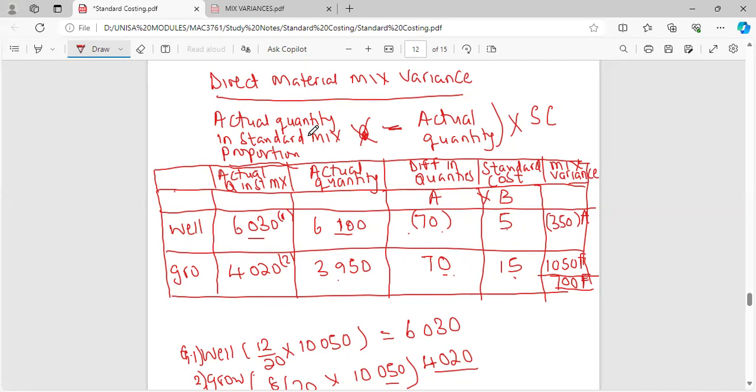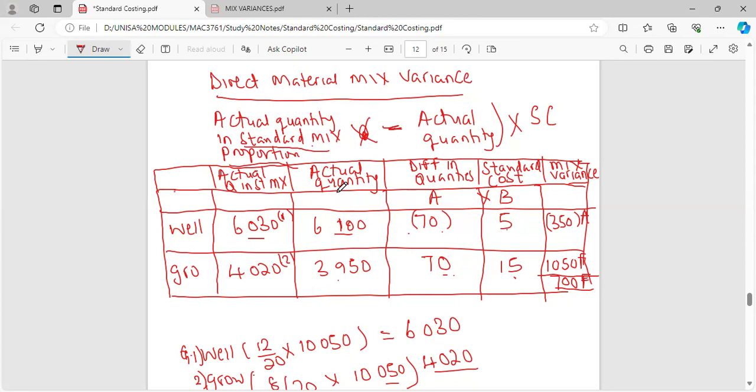So here now we're using the actual quantity in standard mix. So what is going to be standard is the mix proportion.